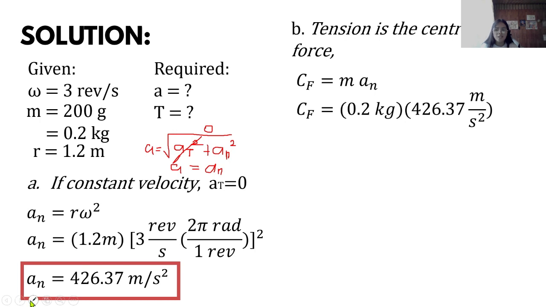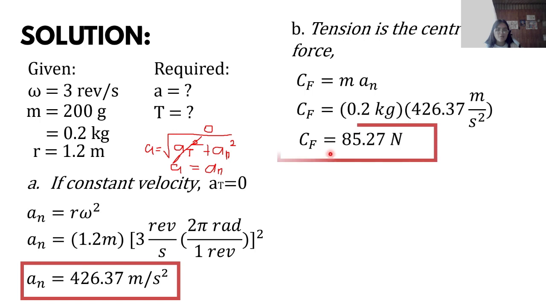Take note na ang ginagamit nating acceleration for solving centripetal force is the normal acceleration. Kasi nga, ang normal acceleration, ito yung tinatawag din nating centripetal acceleration. Okay? So, we have answer CF is equal to 85.27 newtons. Okay? Yan din yung tension.